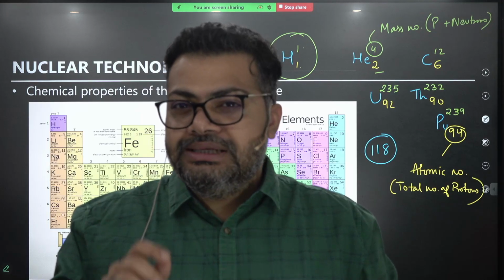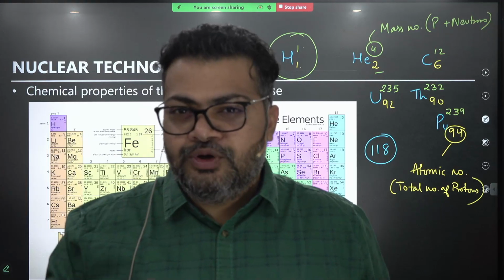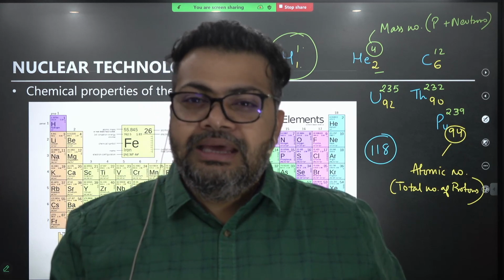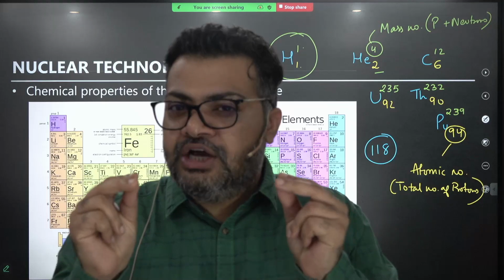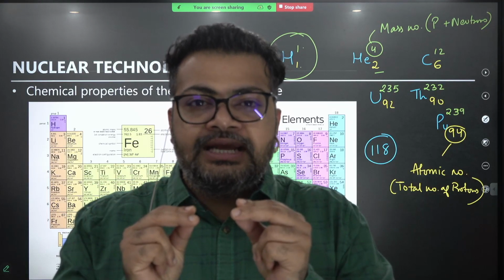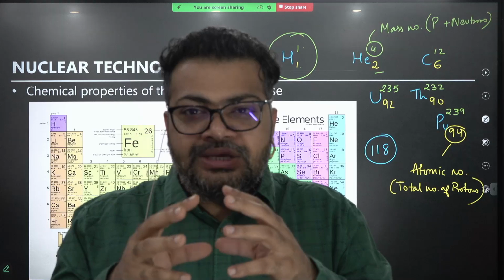Now, just think about it, guys. For hydrogen, there is no such problem because only one proton is there. But when you look at helium, helium has 2 positively charged particles, 2 protons, and both these protons are living inside a single nucleus.